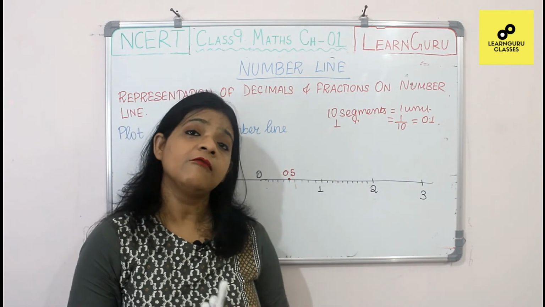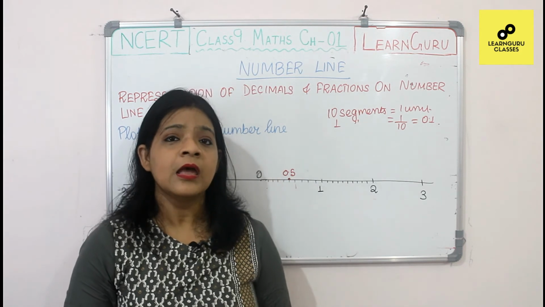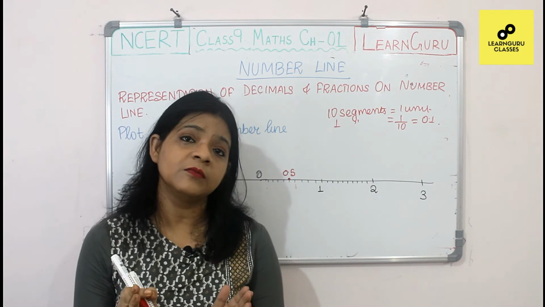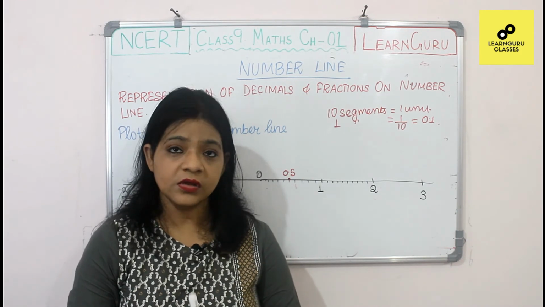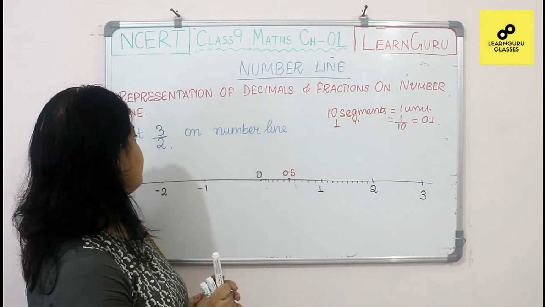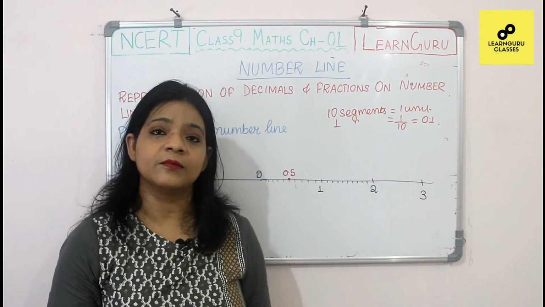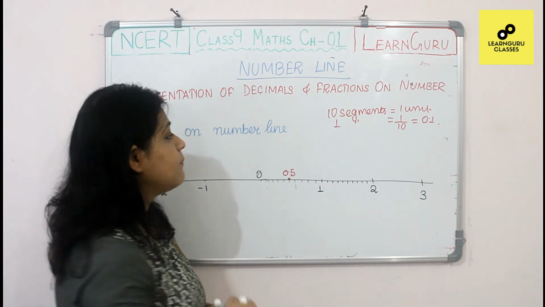While plotting fractions on the number line, it becomes difficult to decide where to place the fraction between which integers. So it's advisable to convert the fraction into its equivalent decimal expansion. Take 3 by 2.